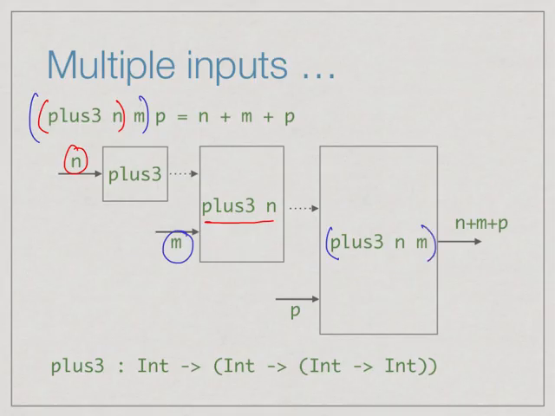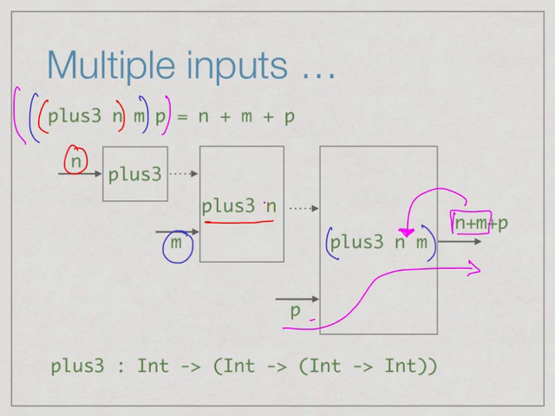And finally, when we consume the third input, we will have this function which takes us from a number p to the number n plus m plus p. The point is that this n plus m is built into the function. It has already been hardwired in a sense because we have consumed n and m as previous inputs.